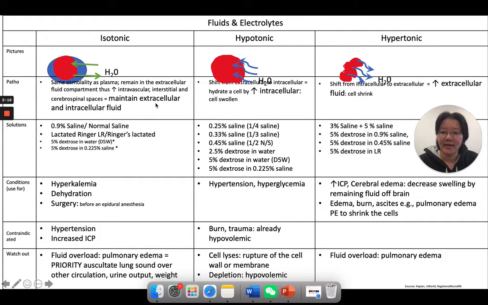They maintain the extracellular and intracellular fluid at the same level. The conditions they are used for include hyperkalemia, dehydration, and surgery.